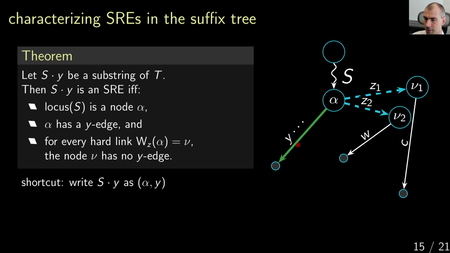If it has a y edge, it means we can extend this RE to the left, so it cannot be an SRE. So we take all hard Weiner links and check that there is no y edge going down there. As a shortcut, instead of the string notation for SREs, we just use the node and the letter, and we use that in the following, along with the Weiner update, which we now explain briefly.